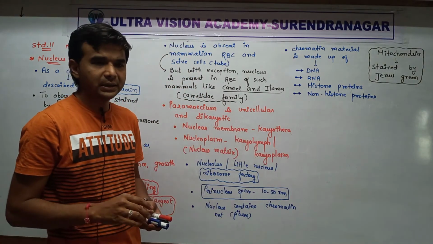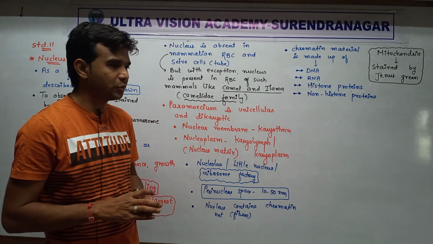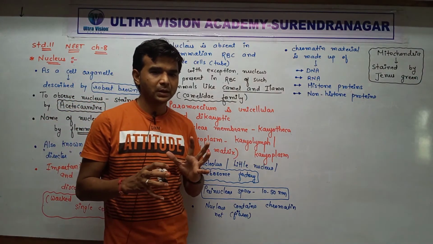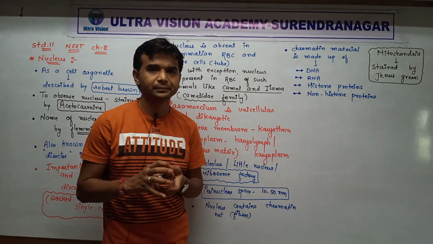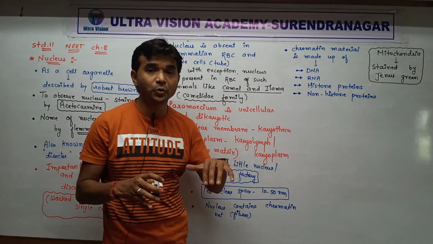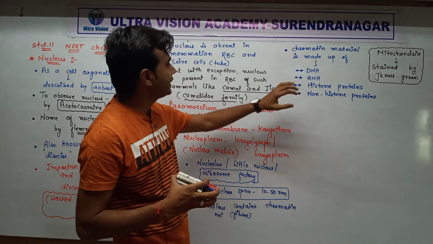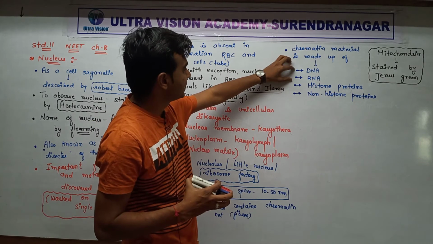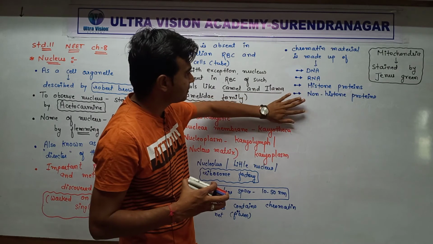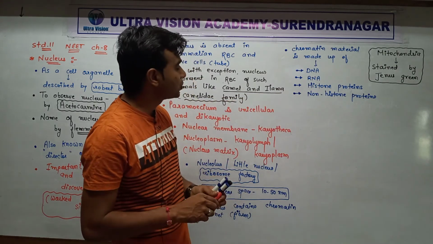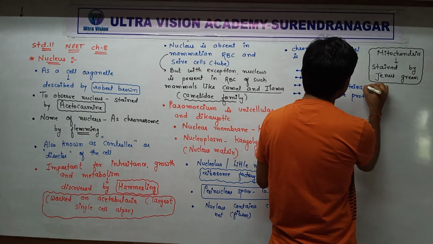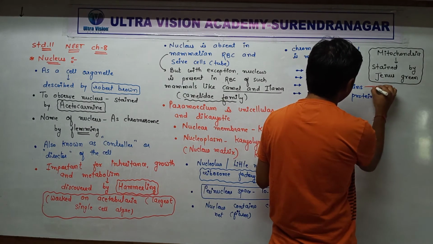That's why in the nucleus, the chromosome is actually nucleoprotein. Chromosome consists of nucleoprotein, in which the majority is nucleic acid, that is DNA as well as RNA, and along with that histone as well as non-histone protein. So here there are histone proteins.